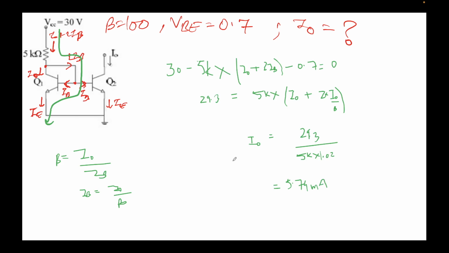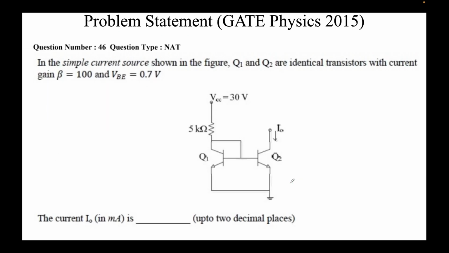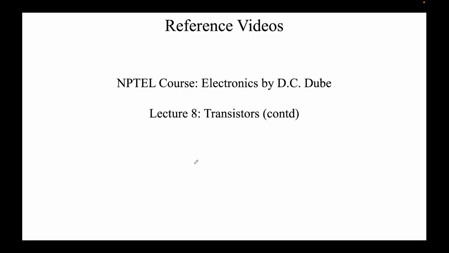So the current that is flowing through this arm, and as a result the collector of Q1, is 5.74 milliamps, and this is what we were required to find here. So I can simply place 5.74 milliamps. So two decimal places is what we were required to find, which we find out as 5.74 milliamps. So yeah, that's all that was there to do in this question.